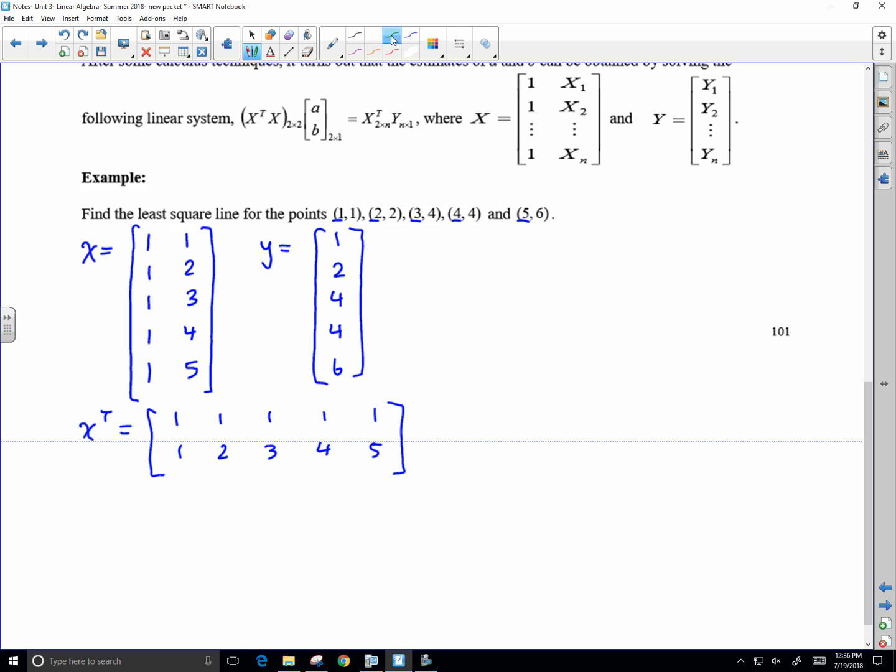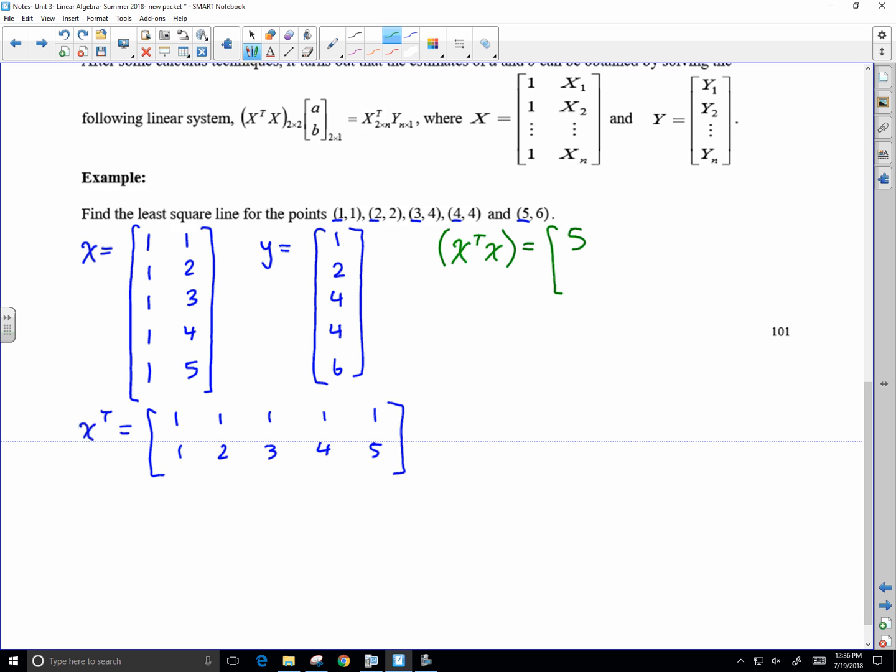All right, so first off is the transpose of x multiplied by x. So row 1 multiplied by column 1, add them up, so dotting this against this. A lot of ones added up, so a total of 5, right? Dot this against this, which is essentially going to amount to the sum of this.